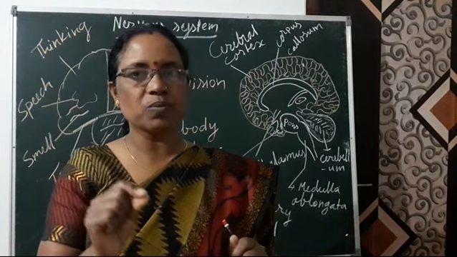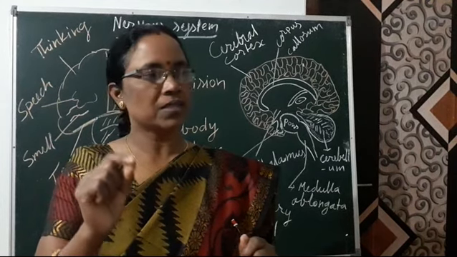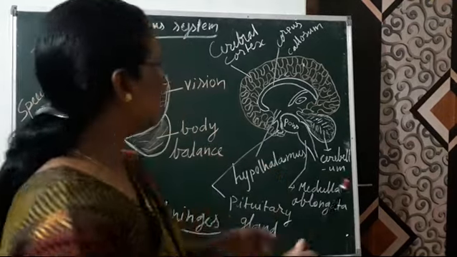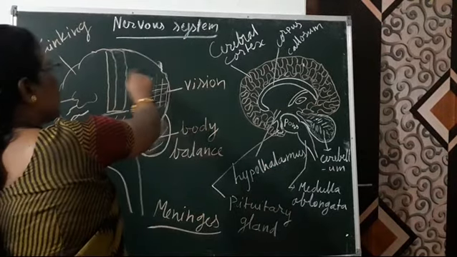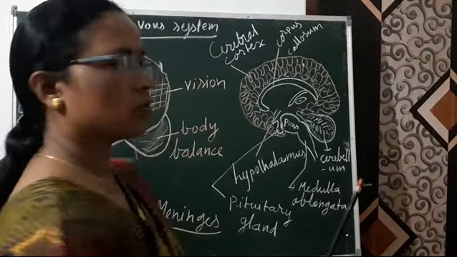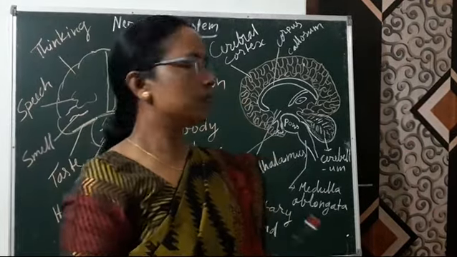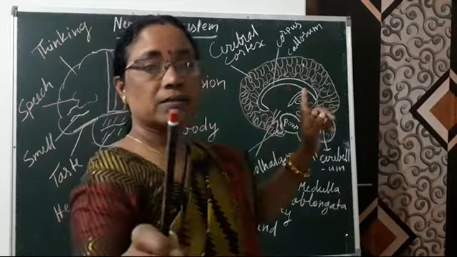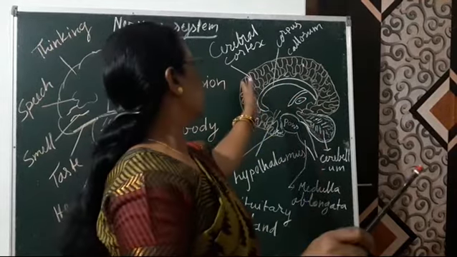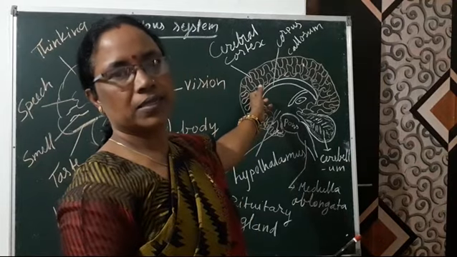Location of the cell body, or cyton, or perikaryon: it is located in the cortex region of the cerebrum. And the axon is located in the medulla region of the cerebrum.